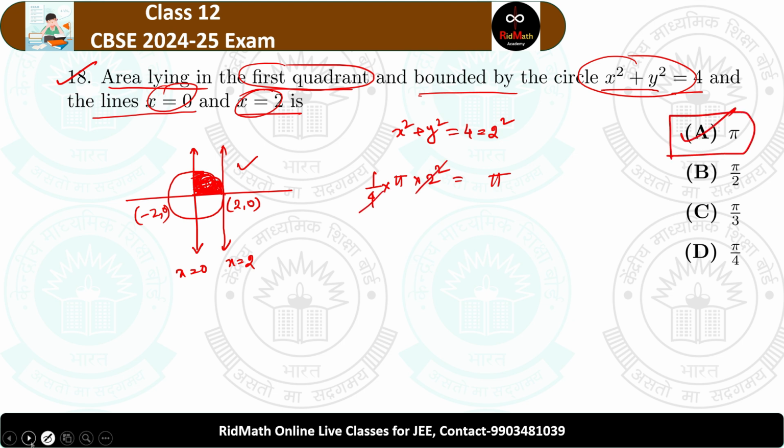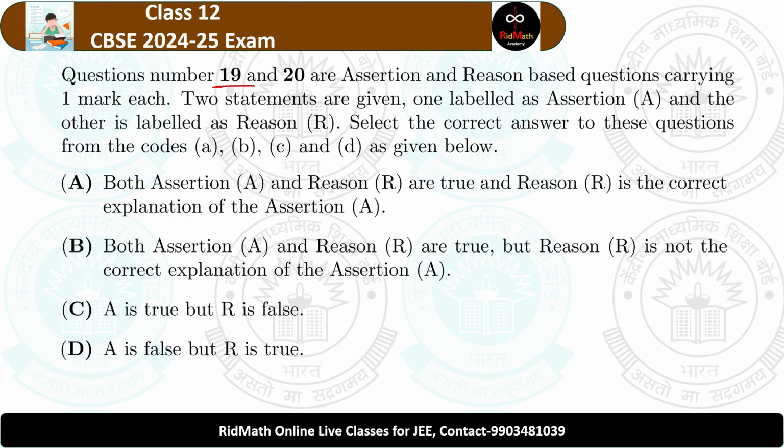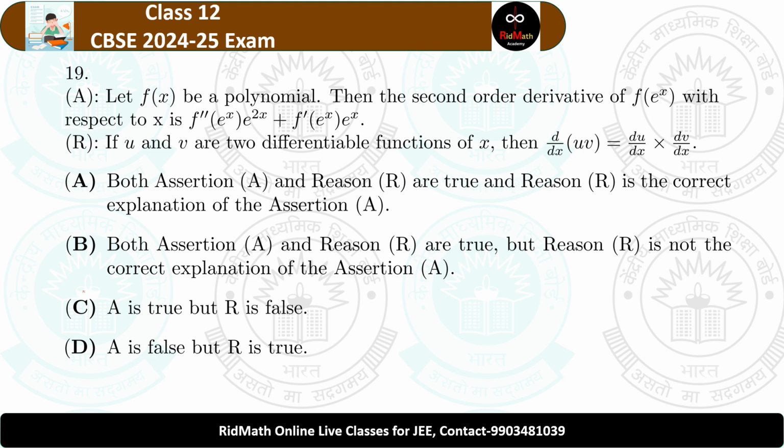Next problem. Okay, question number 19 and 20, assertion reason based questions. Question number 19: let f be a polynomial, then the second order derivative of e to the power x, f of e to the power x with respect to x is this. And the reason says if u and v are two differentiable functions of x, then d dx of u into v is this.